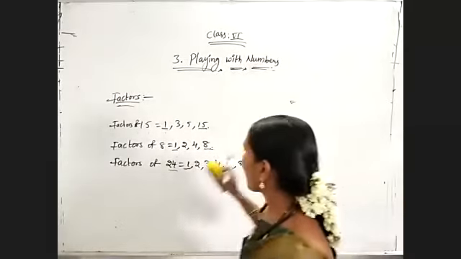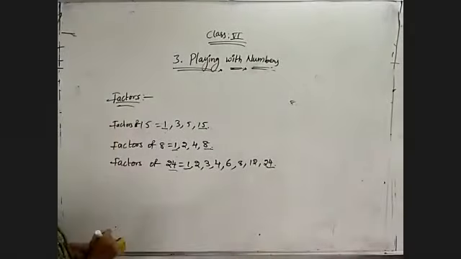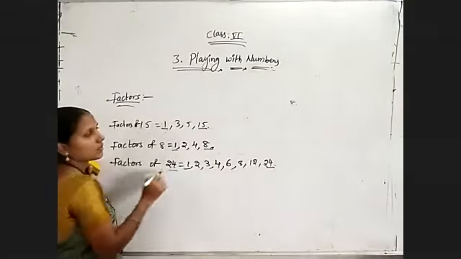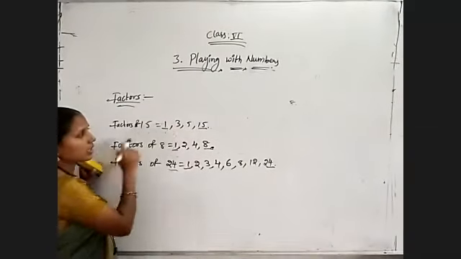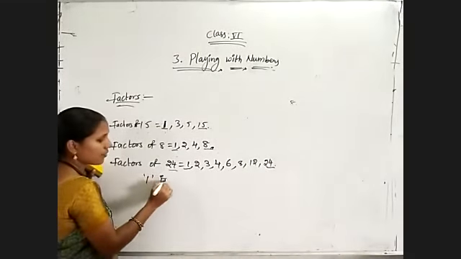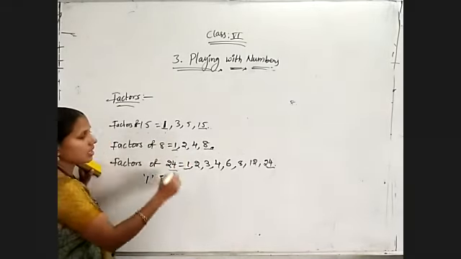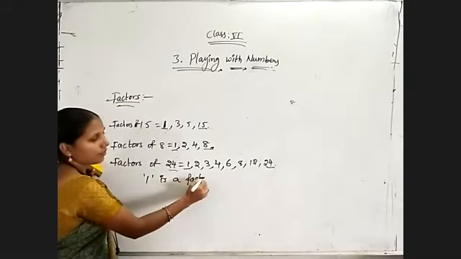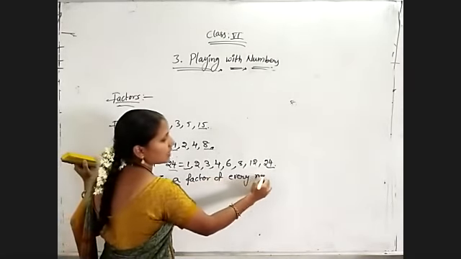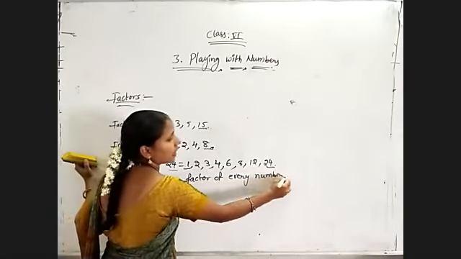Now just observe, from these examples, one is a factor of every number. One is a factor of every number, and it is the smaller factor for every number.